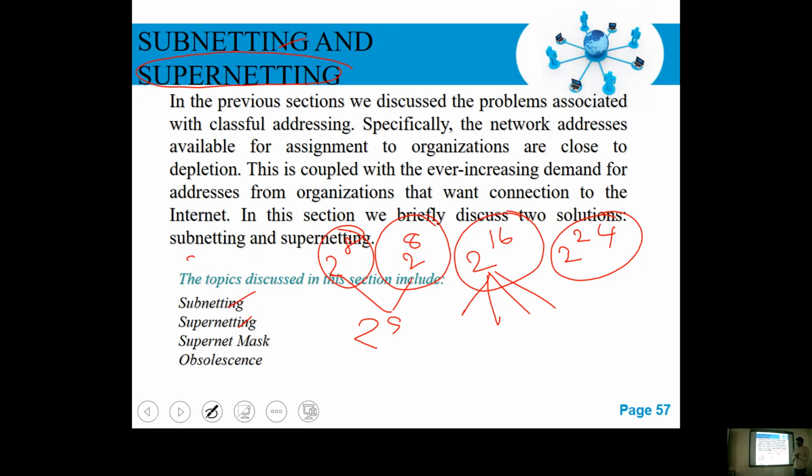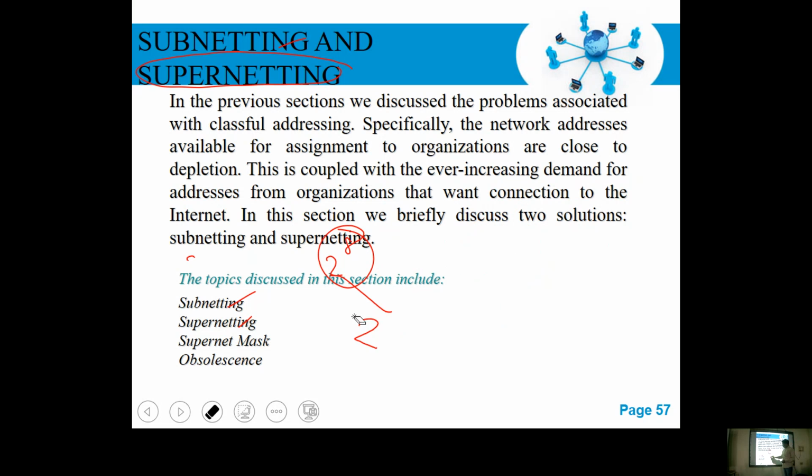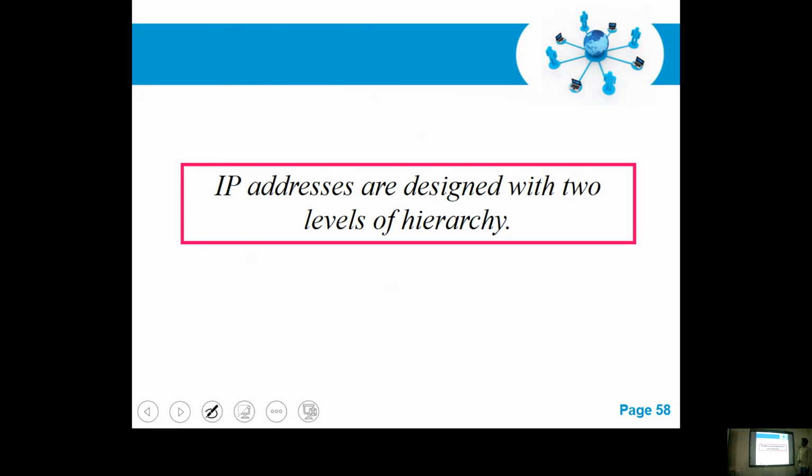What is the default mask for class A? 255.0.0.0, and for class B 255.255.0.0, class C 255.255.255.0. When we go with subnetting and supernetting, your mask is going to change. And we will consider what the subnet mask is and what the supernet mask is. Those are the details we will be considering.